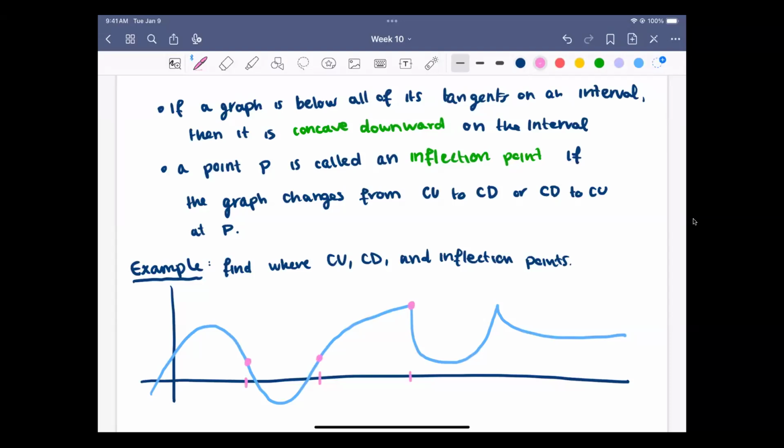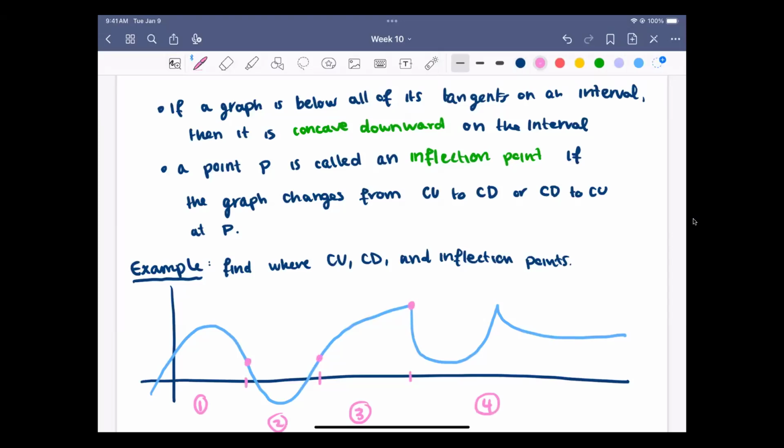Okay, so on these intervals, let me just number them. Let's say this is 1, 2, 3, 4. Which ones are concave up? Yeah, so 2 and 4, we have concave up.